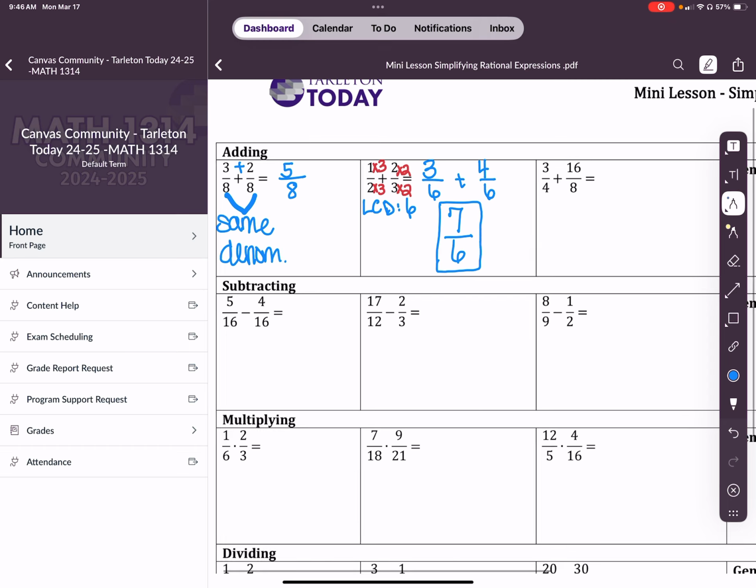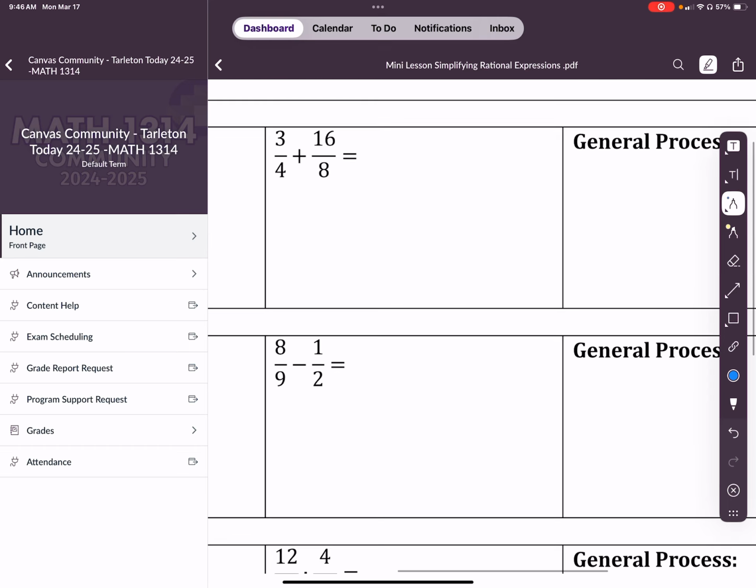Okay, so moving on to the next fraction here. We have 3/4 plus 16/8. Don't worry about simplifying the fraction. Don't worry about all that. Okay, for the purpose of this lesson, we're just simply adding fractions, okay? So I can go ahead and multiply 4 by 2 to give me 8, and that will make me have a common denominator already.